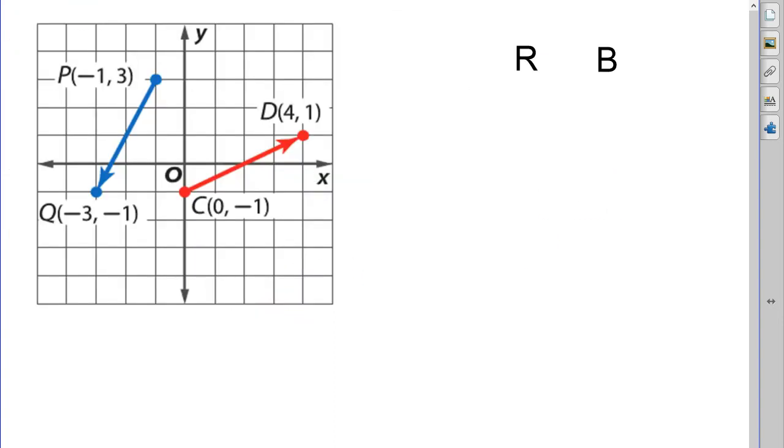So here's an example. Let's look at the red vector first. It's starting at 0, -1, so it's not in standard form. It ends at 4, 1. If I wanted to write this in component form, I'd have to figure out its horizontal and vertical changes. Well, here's how it works out. It makes a right triangle.